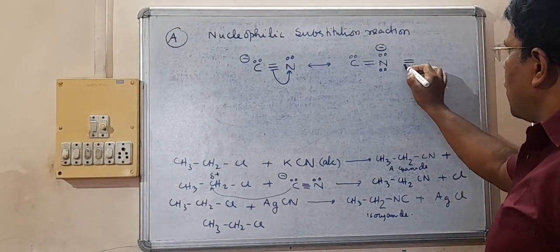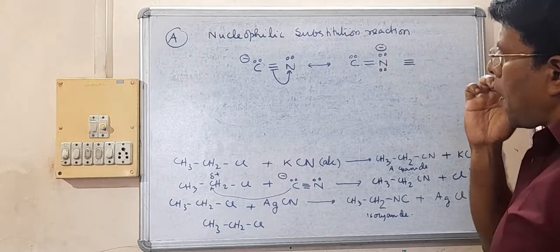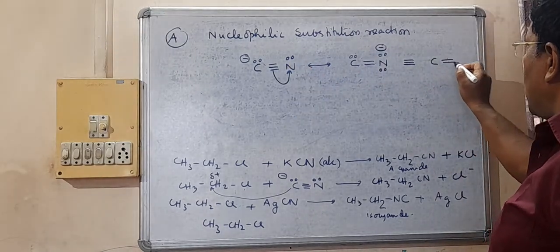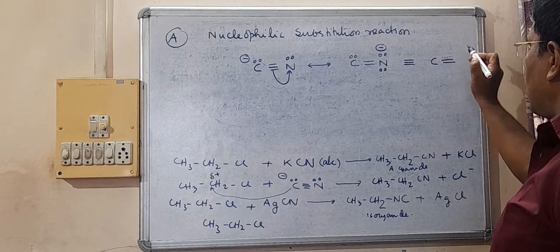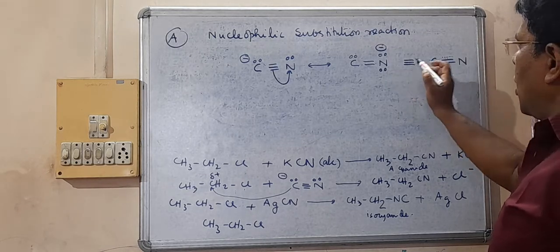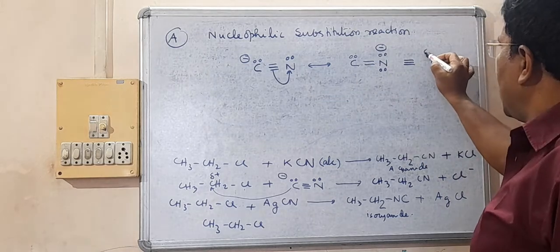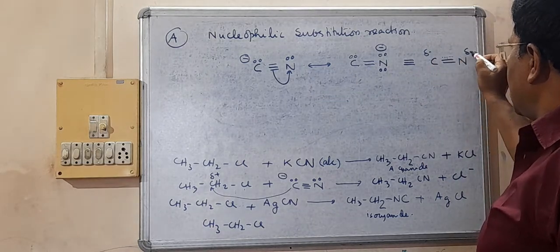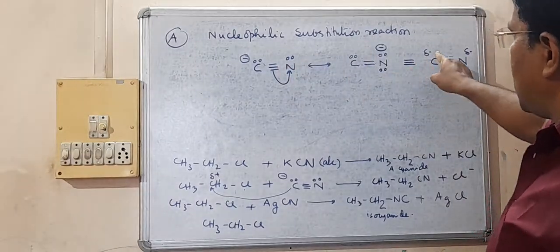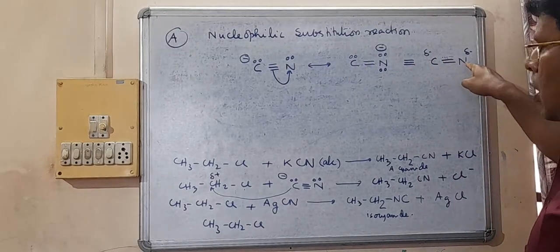So if we draw the hybrid structure of these two, it will be C, a double bond and a half bond, N, and delta minus. Then if we take the combined structure, the negative charge is on carbon also, on nitrogen also.